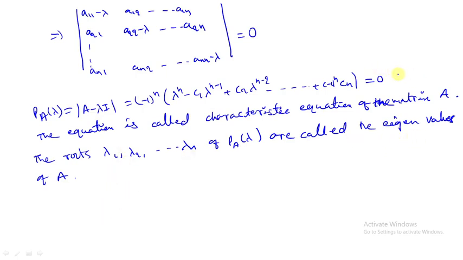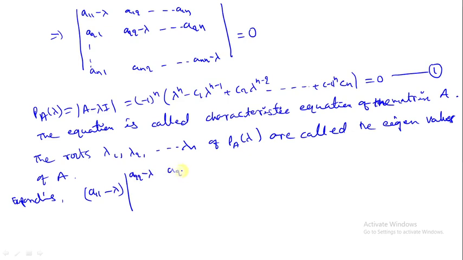Now, suppose we take this equation as 1. Now expand this one along a row or column. Suppose we are expanding this matrix along the first row, then we get a11 minus lambda into the determinant. We remove the first row and first column, and we get a22 minus lambda, a23, and so on, a2n, down to an1, an2, ann minus lambda.